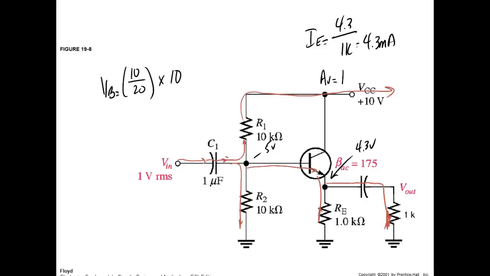Okay, guys. So what would be the formula for Zn or Rn? It's going to be R1 in parallel with R2 in parallel with beta times RE in parallel with RL.